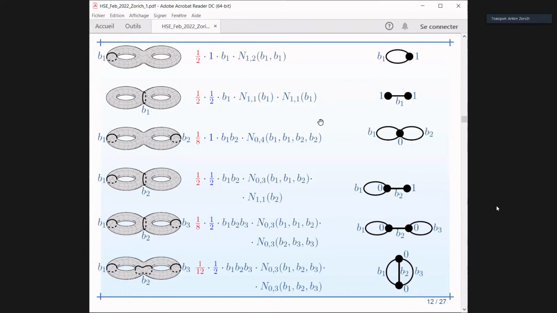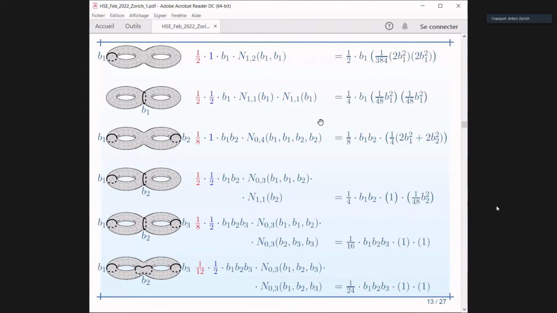So you write these polynomials. Recall that polynomials are formally defined in terms of psi classes, so the coefficients depend on psi classes.